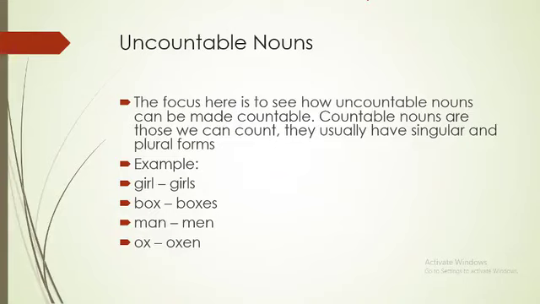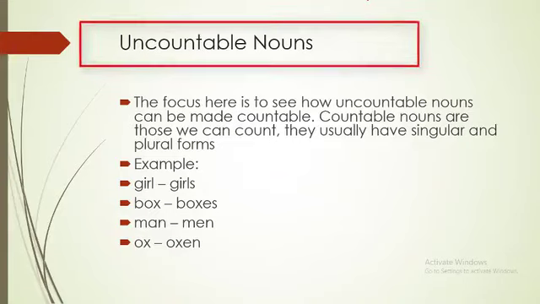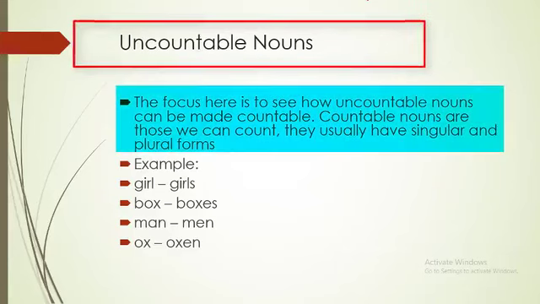So like we know, non-count nouns or uncountable nouns are nouns that can't be itemized. Non-count nouns can't take numbers. And when we say numbers in English, we mean singular and plural forms.